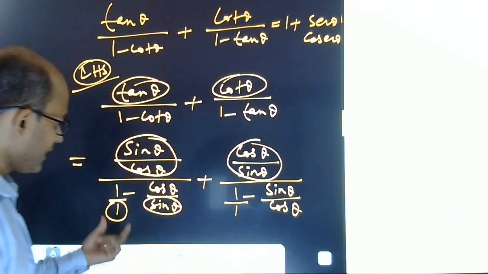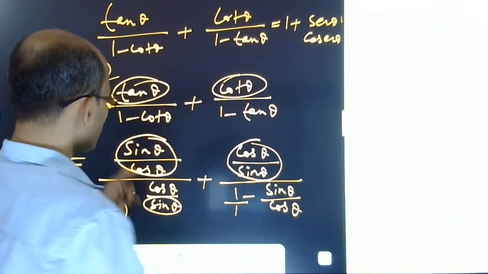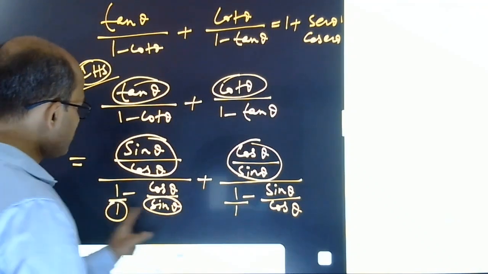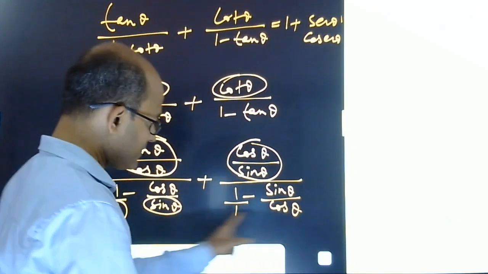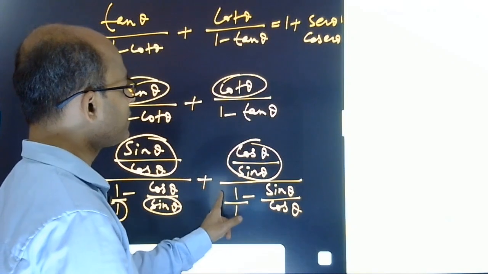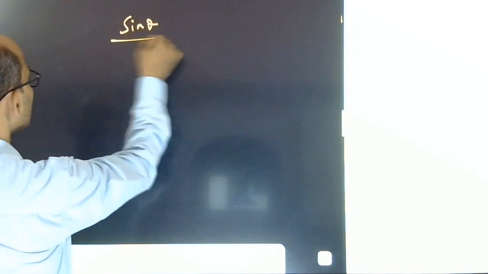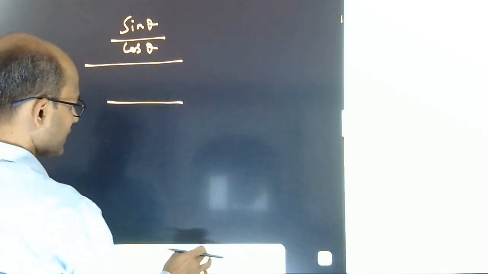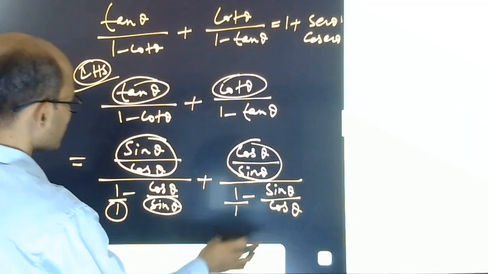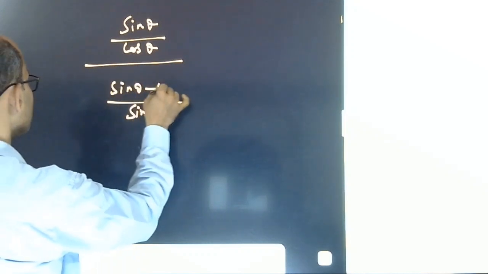So in the next slide we will see this: sin theta upon cos theta, and this will become sin theta minus cos theta, and this will become, the LCM will become cos theta, and this will become cos theta minus sin theta. Okay, moving ahead, sin theta upon cos theta, and in the denominator sin theta minus cos theta.